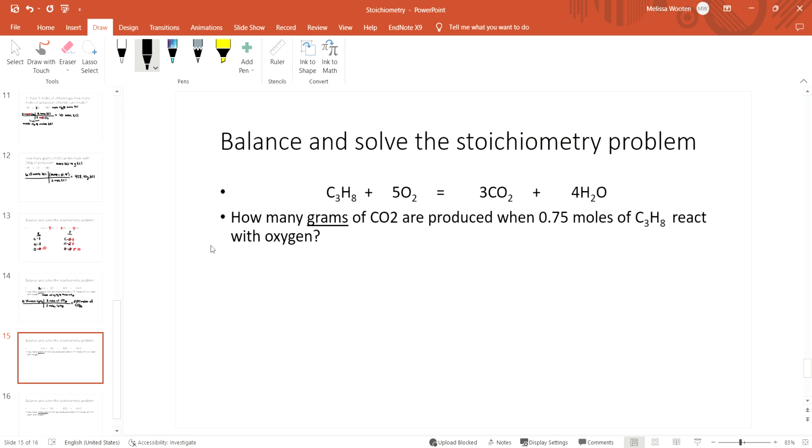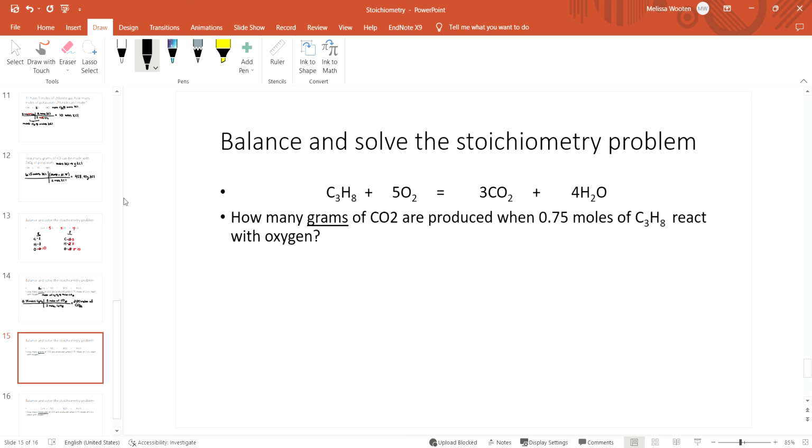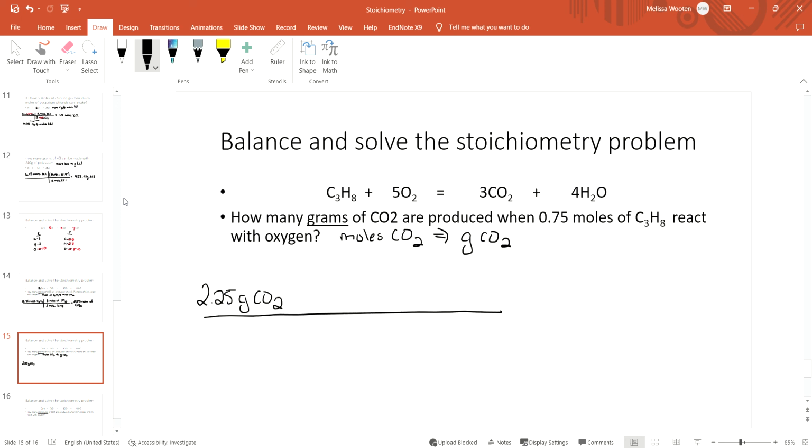Now we're going to go from moles of carbon dioxide to grams of carbon dioxide. So we already have our moles here. So we're going from moles of CO2 that we solved for in slide 14 to grams of CO2. Alright. So we had 2.25 moles of CO2, and converting from moles to grams means we're just going to use the mass from the periodic table, right?